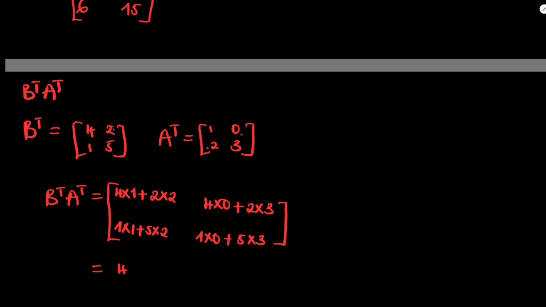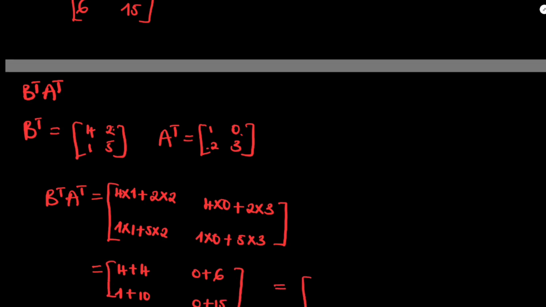So this is 4 plus 4, 1 plus 10, 0 plus 6, and 0 plus 15. So what does this give? It gives 8, 6, 11, 15.